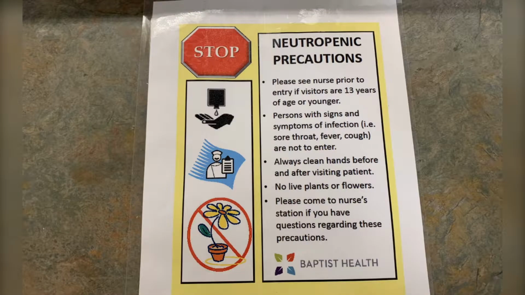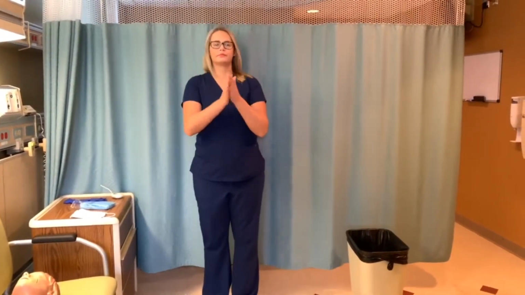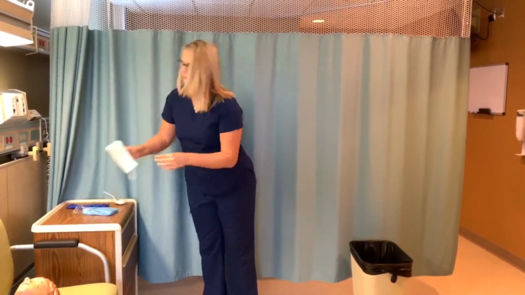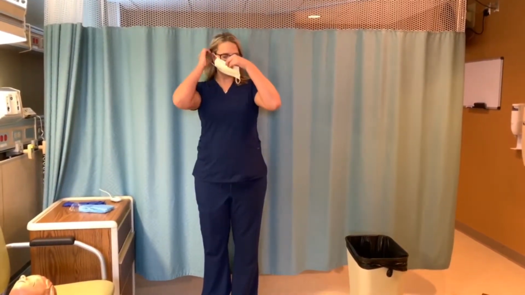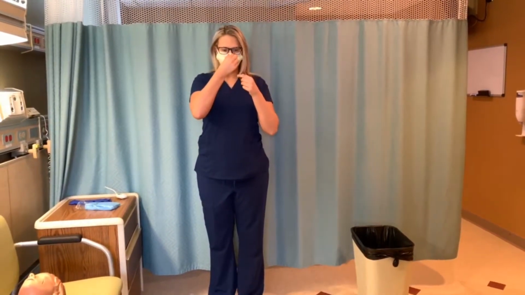Then there are neutropenic precautions. With these patients, they are very immunocompromised. So you have to wear a face mask. You have to sanitize your hands before contact with the patient or wash them. And you cannot have any live plants or flowers in the room.